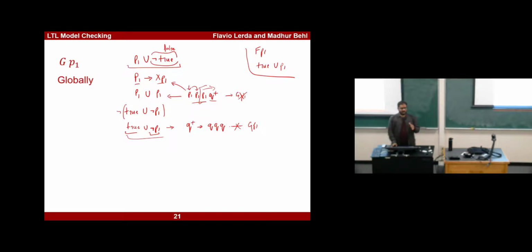If a trace satisfies this formula, all it is saying is P1 must continuously hold until the expression on the other side of this until operator becomes true, but the expression on the other side will never become true. So P1 until not true is equivalent actually to always P1, because you'll never reach a state where P1 won't be true if your trace satisfies P1 until not true.